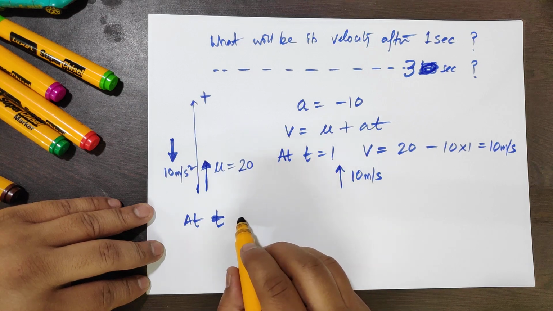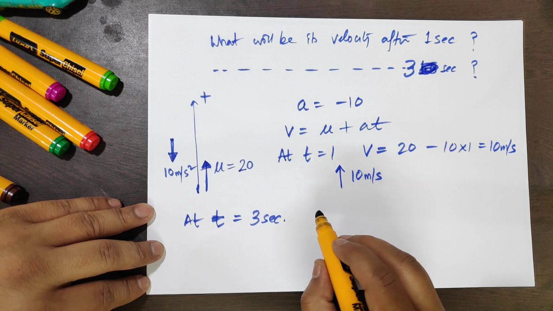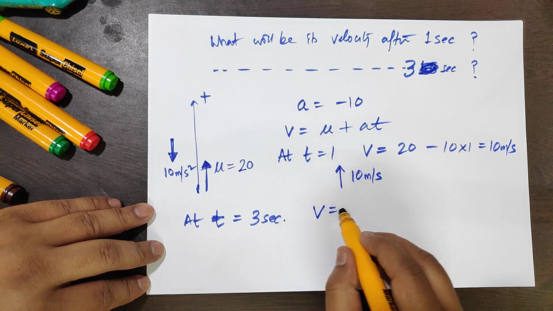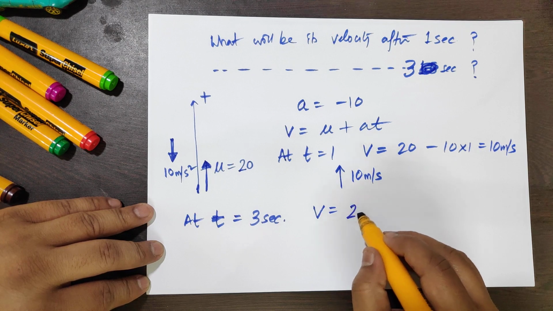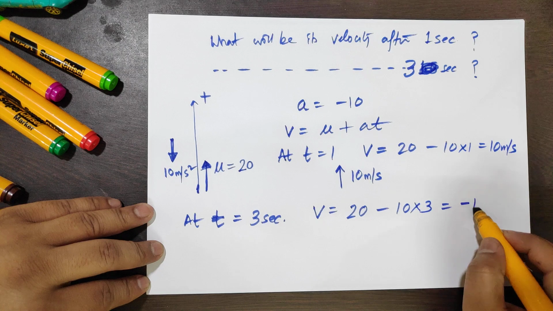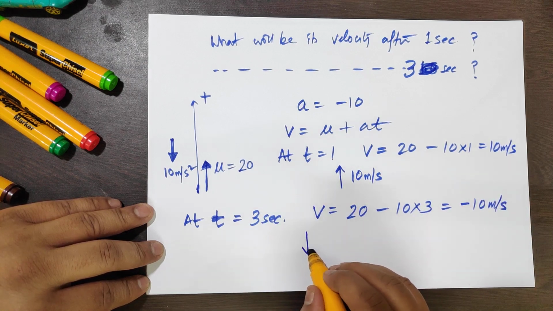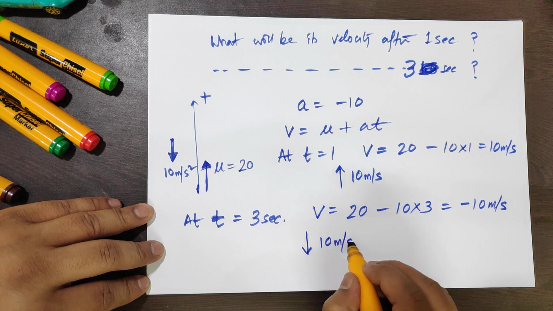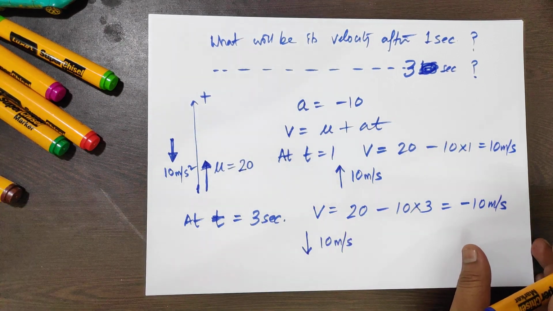Okay, so at t equal to 3 second, velocity equal to u plus at, 20 minus 10 into 3, that's minus 10 meter per second. That means at t equal to 3 second, this particle was moving downwards with a velocity of 10 meter per second.